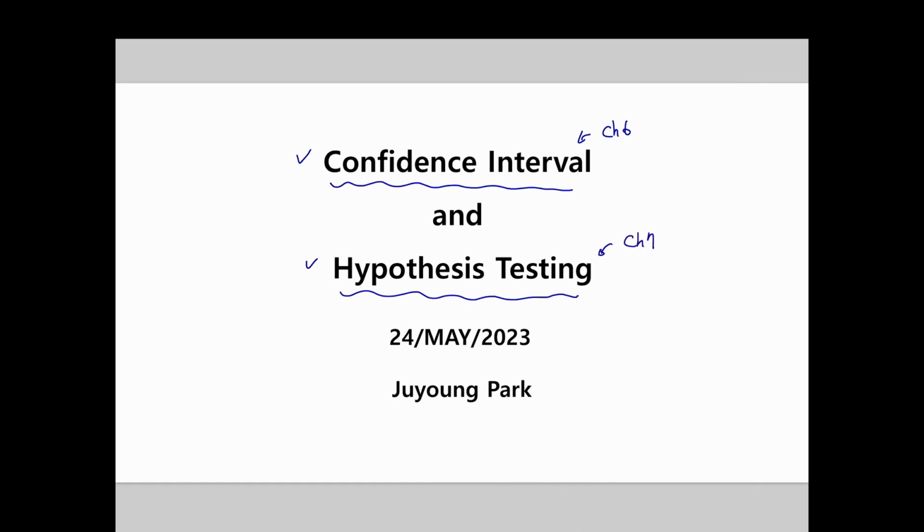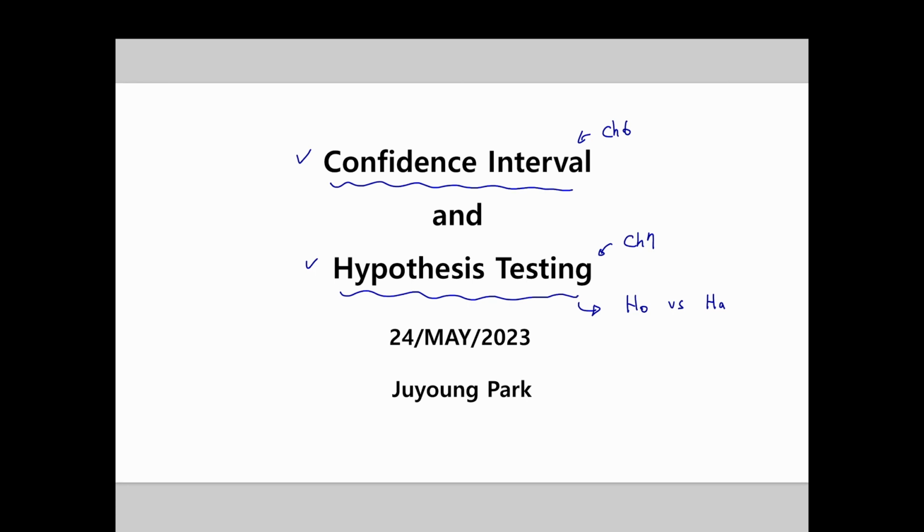In hypothesis testing, we construct the hypotheses, that is null hypothesis H0, and alternative hypothesis, that is HA.